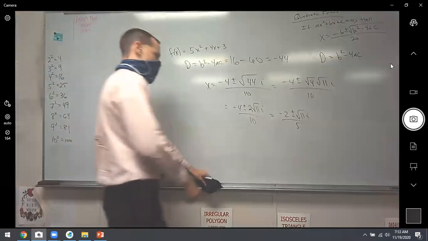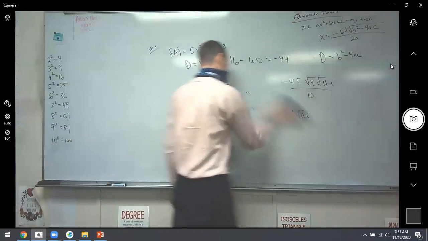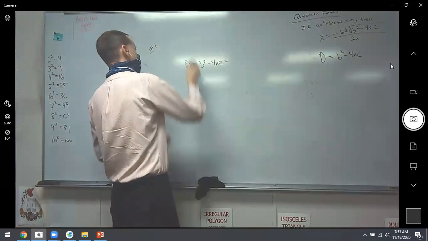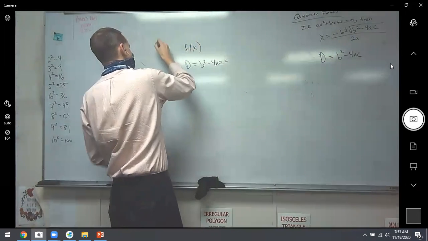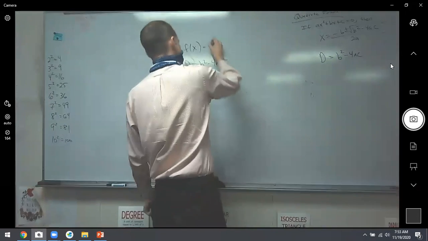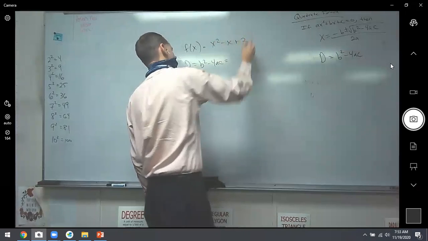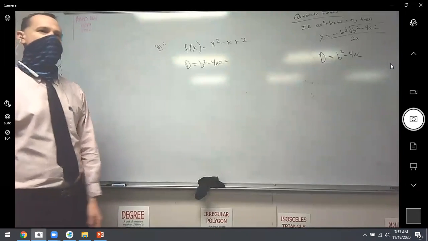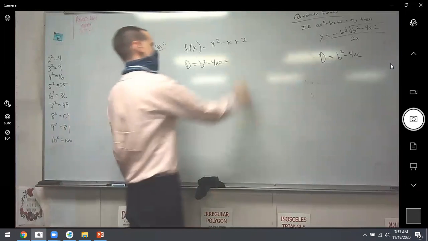Repeating for number 2, starting all over again. Number 2, we got f of x is equal to x squared minus x plus 2. Again, you start with your discriminant. b squared, b's negative 1. Negative 1 squared would be 1.